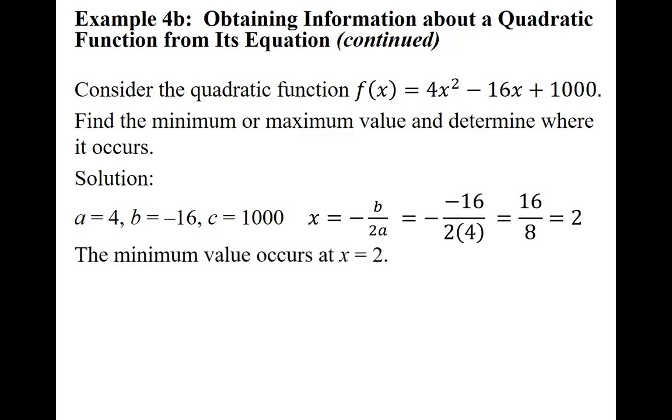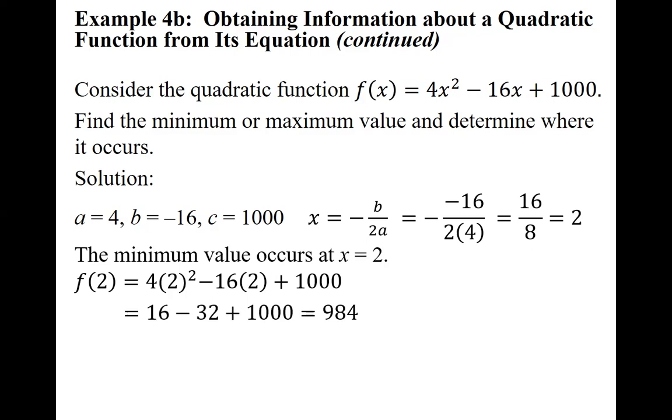Plug it in. 2 squared is 4. 4 times 4 is 16. 16 minus 32 is negative 16, plus 1,000 would be 984. So the minimum value occurring at x equals 2 is 984.